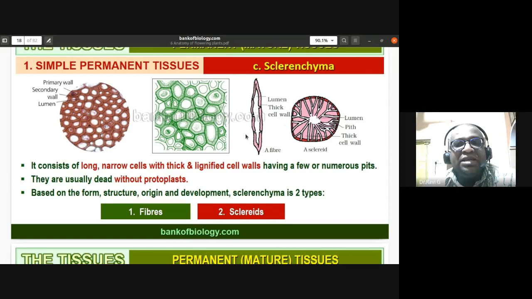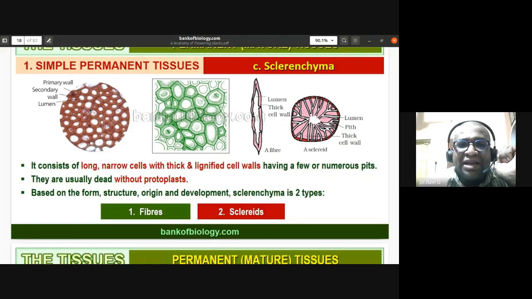So the sclerenchyma is a simple permanent tissue. It is also commonly called the dead mechanical tissue. It consists of long, narrow cells with thick and lignified cell walls. The secondary layer of cell wall is lignified. So if you're drawing this diagram, the primary layer, the first layer of cell wall, would be thin.